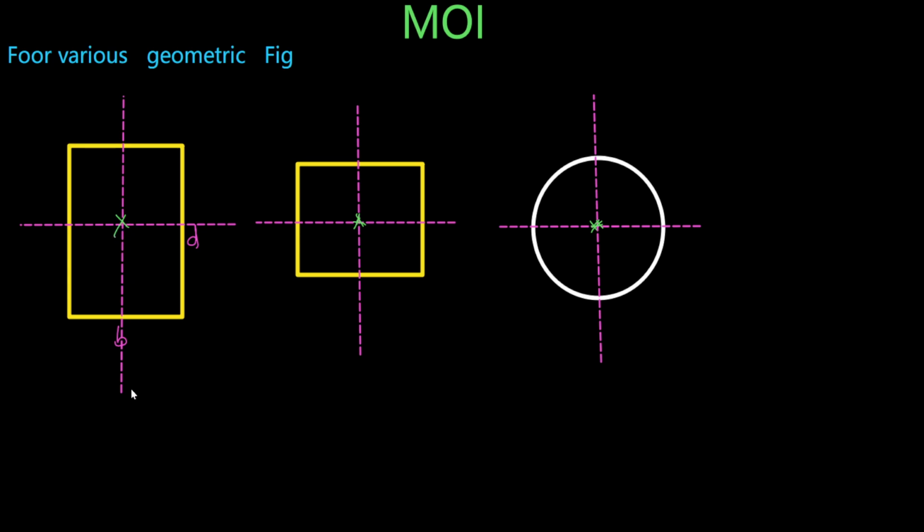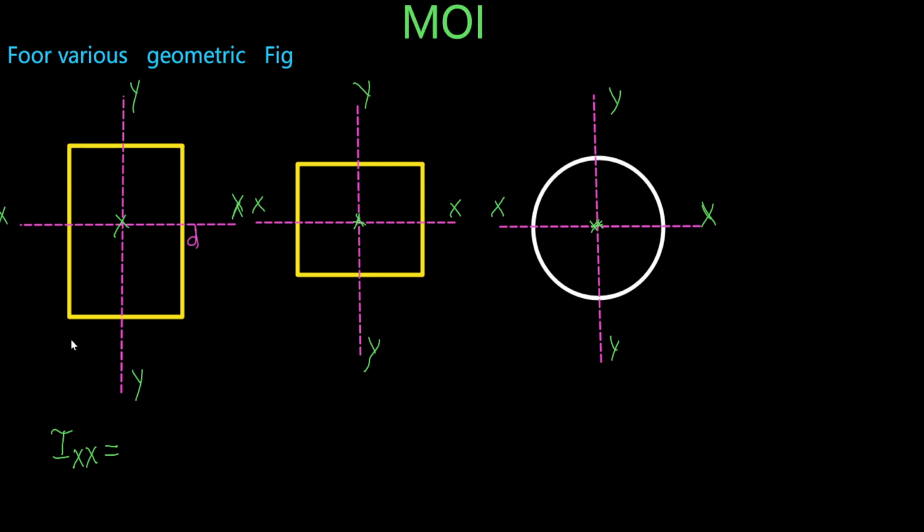Here is Ixx, Iyy. If I write I of the rectangle, you can calculate Ixx, Iyy similarly.